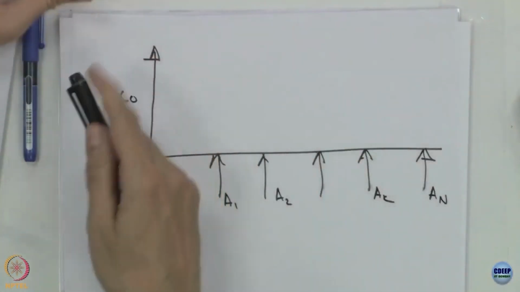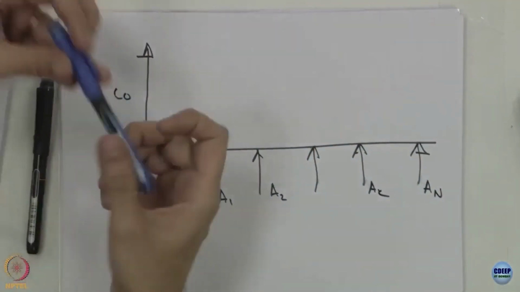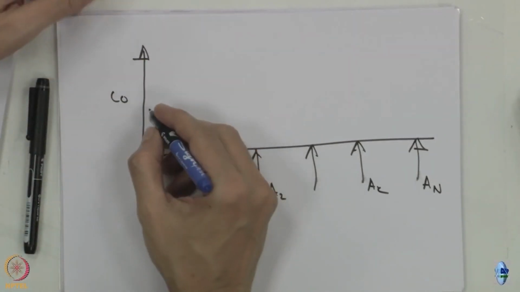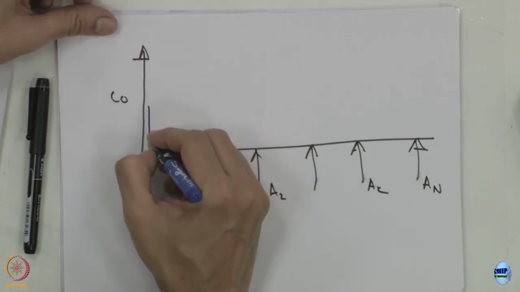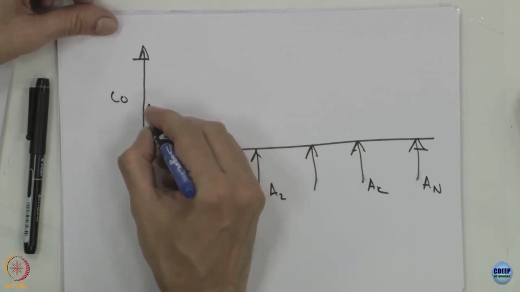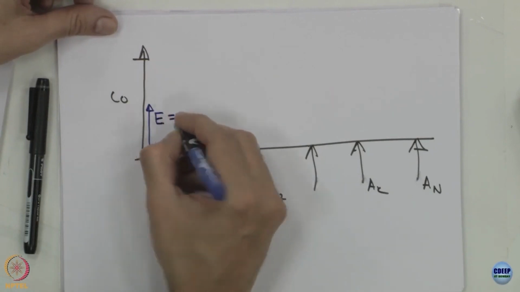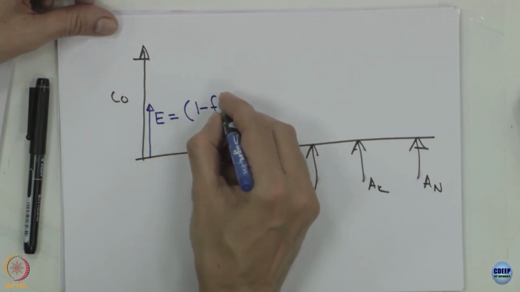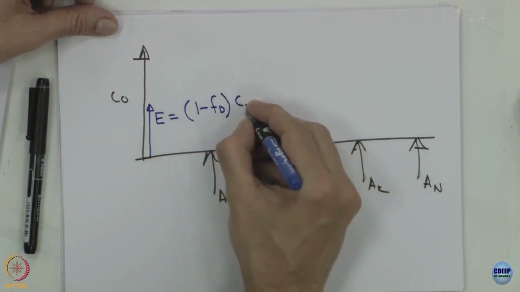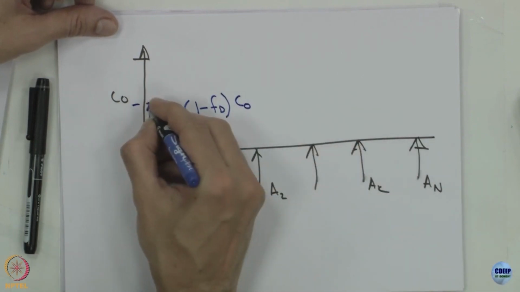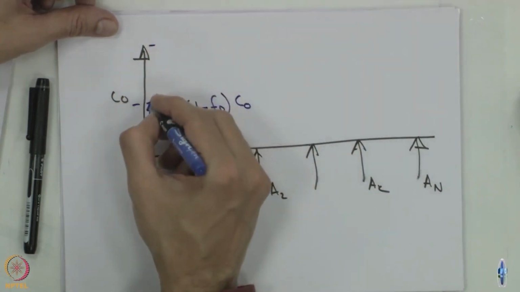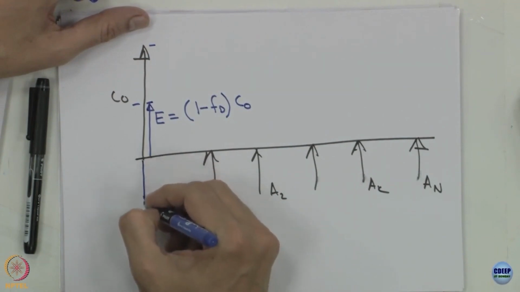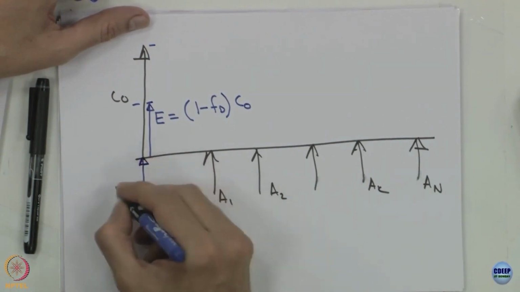Now, if instead of putting the entire amount C0 here, we put only a fraction of this, which is the equity, which is nothing but 1 minus the fraction debt into C0. And this remaining amount is the amount which is being put by the company giving the loan, and that is the debt.